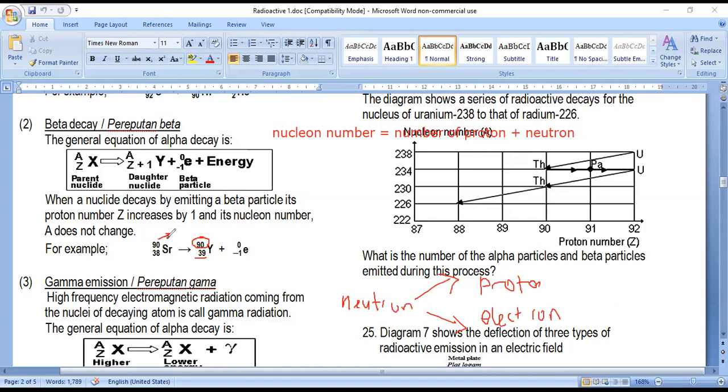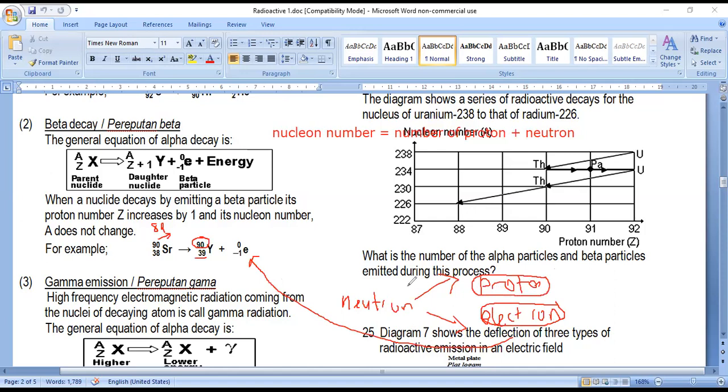If one of the neutrons decays and becomes a proton and an electron, then here is supposed to be 89. So on top, it's supposed to be 89 by right. But what happens is this electron is the one released as the beta particle. So that means you have only one proton added.